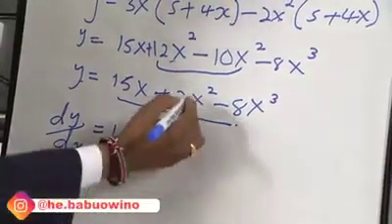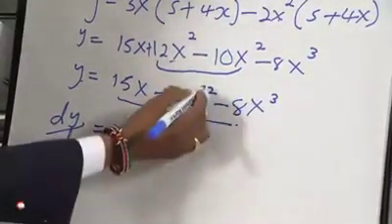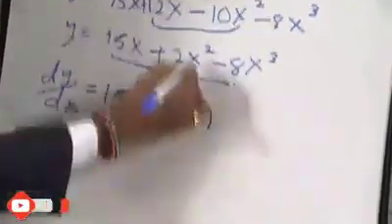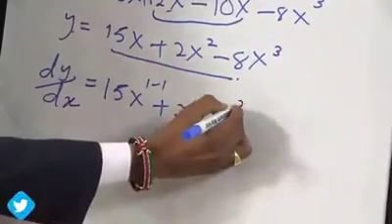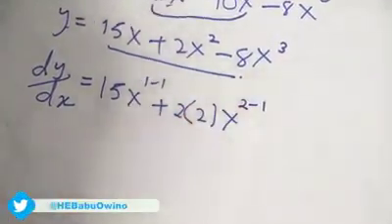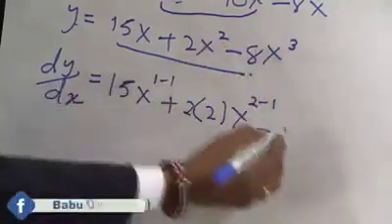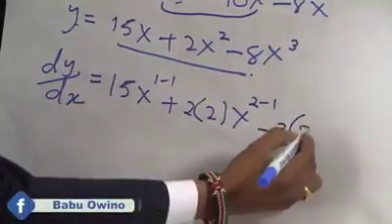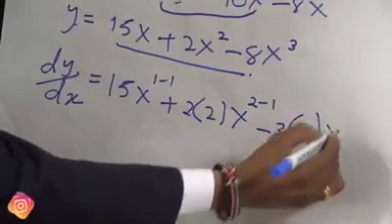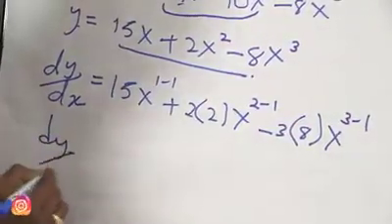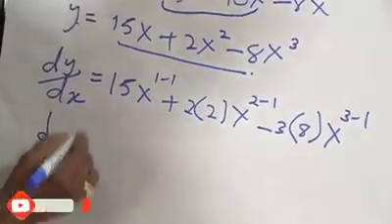Then plus 2x squared differentiated, you drop down the power 2, multiply by the constant 2, then we have x, 2 minus 1. Minus, drop down power 3, multiply by 8, x cubed, you subtract 1.